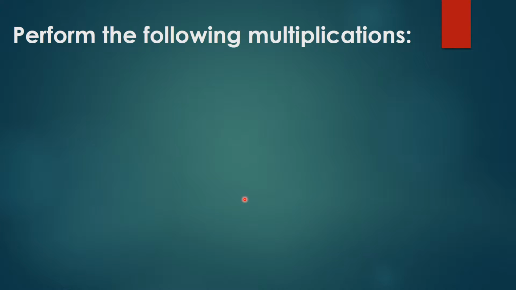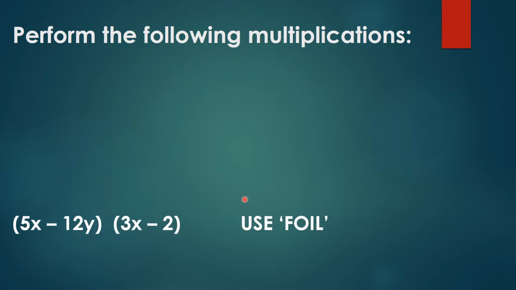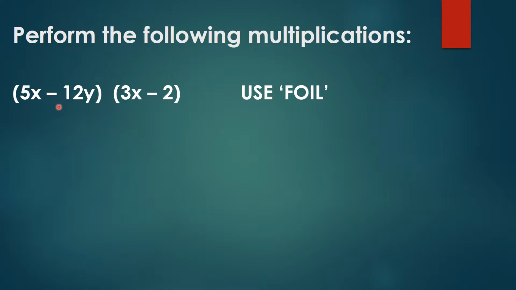We're going to look at another multiplication of two binomials. You have 5x minus 12y multiplied by 3x minus 2. Again, use FOIL. Multiply the first terms: 5x times 3x gives you 15x squared. 5x times negative 2 gives you negative 10x. Negative 12y times 3x gives you negative 36xy.